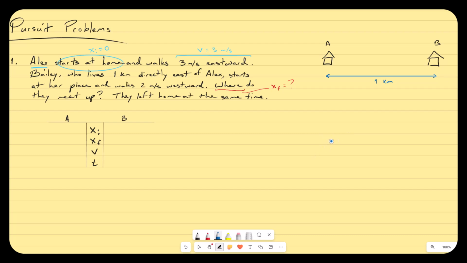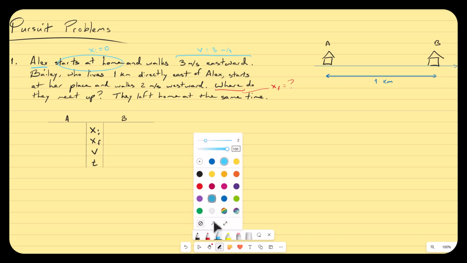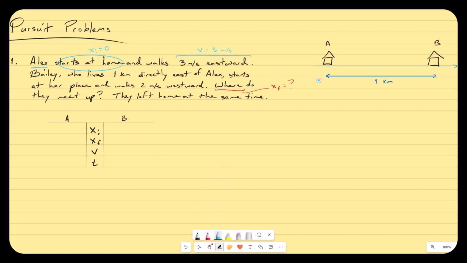I'm going to need a coordinate system, and I've got everything moving on the x-axis, so that may as well be my x-axis. I can pick anywhere I want to be x equals 0, and I said that I wanted Alex to start at home and that was going to be x equals 0. This is x equals 0.